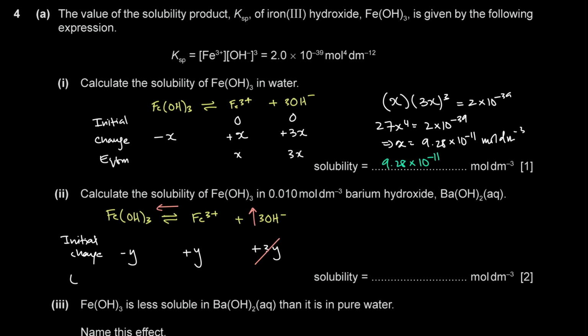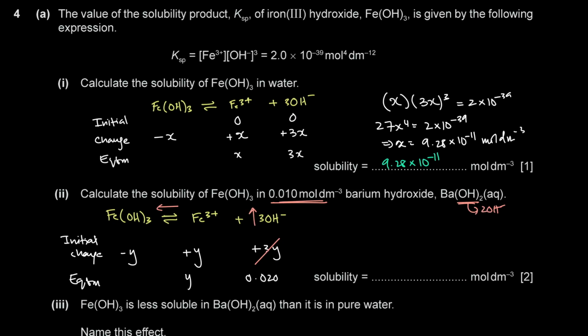So at equilibrium, we can say that we have y moles of Fe3+ per decimeter cube, and we have 0.02 moles per decimeter cube of hydroxide ions. Because if we have 0.01 mole per decimeter cube of barium hydroxide, then this is going to give us 2 hydroxide ions, so if the concentration of this is 0.01, the concentration of hydroxide is 0.02.